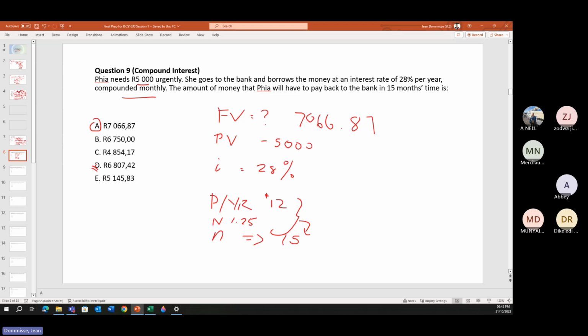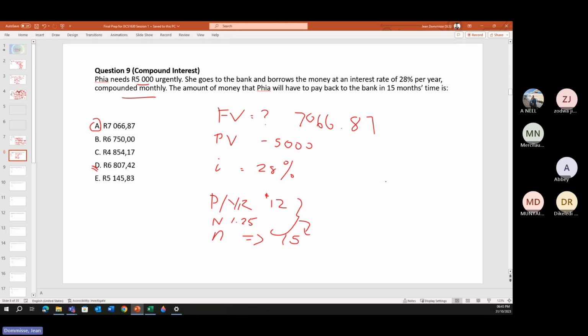So just in this one, just be careful. This is supposed to be straightforward. So just be careful about all the other possibilities that might pop up. Okay, so just use the information, write it down, look at it, and then you can populate it in your HP or your Sharp. So okay, that was just a normal compound interest question.